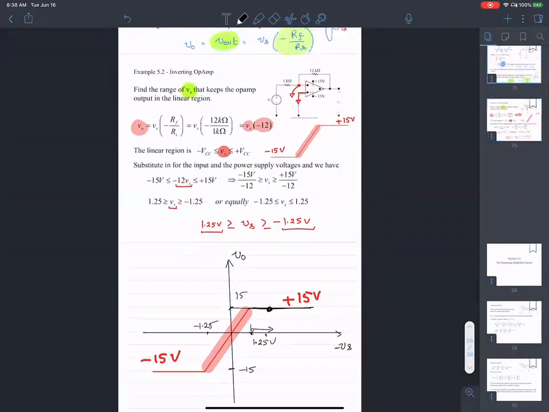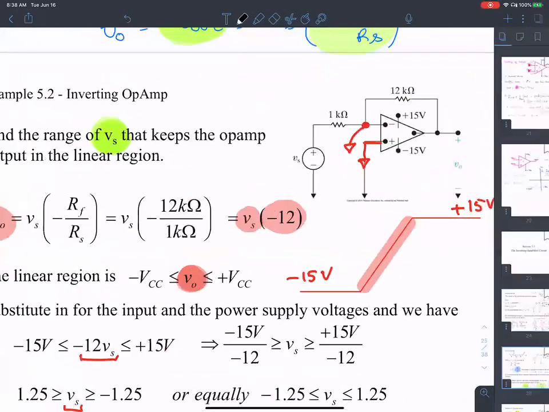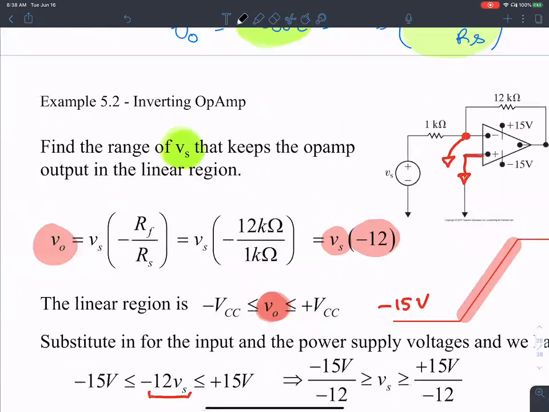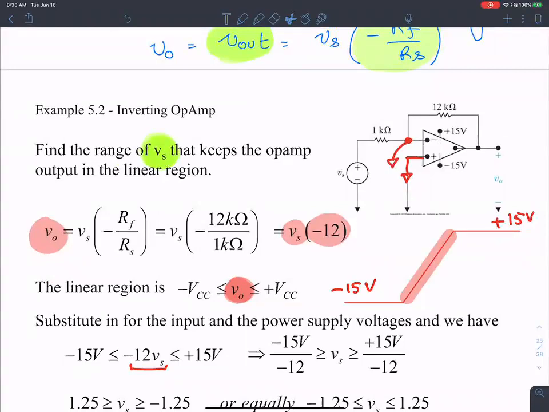So the idea is when you see this configuration, the positive terminal tied to ground, the negative terminal is where the input signal is applied, and then the output is tied back through a resistance into the negative terminal, then the two assumptions that we made about the ideal op-amp kick into action.